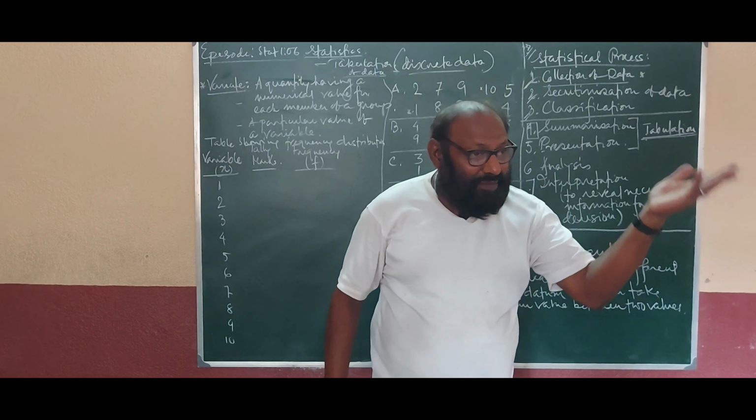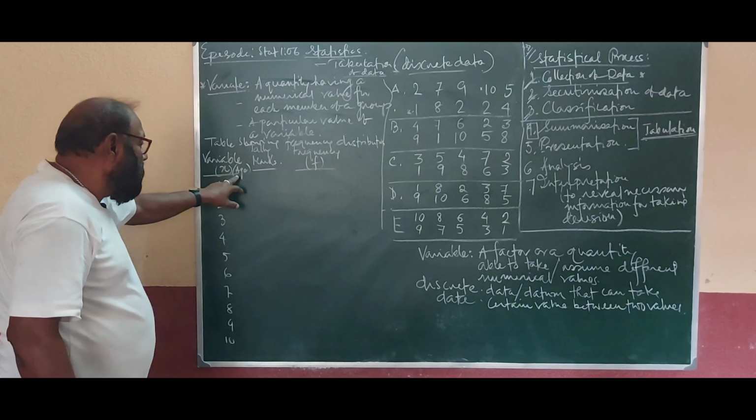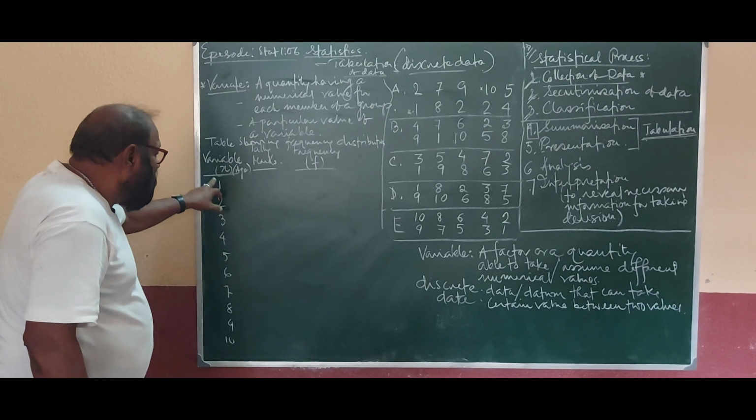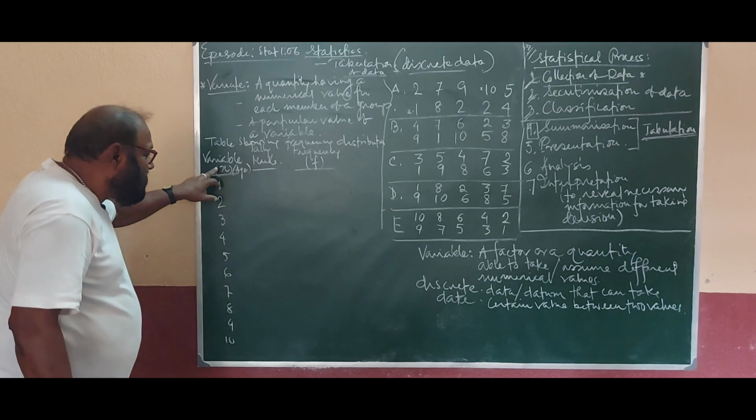Now, what is the basic value? Our observation is age. So age is our basic item that we are going to consider, and this age is the age x. We always give the variable a symbol.